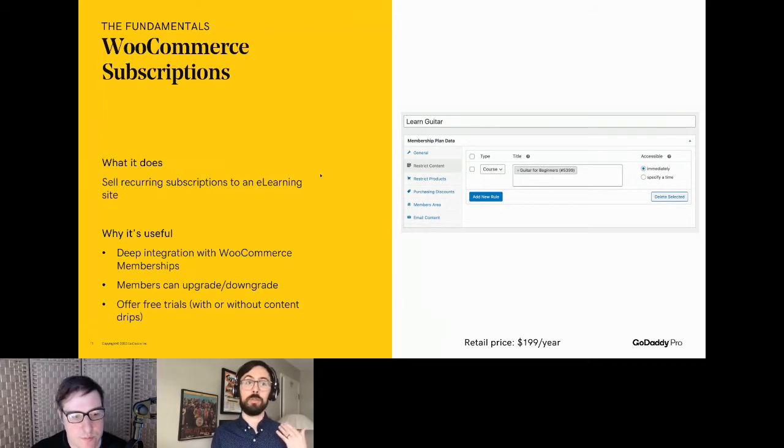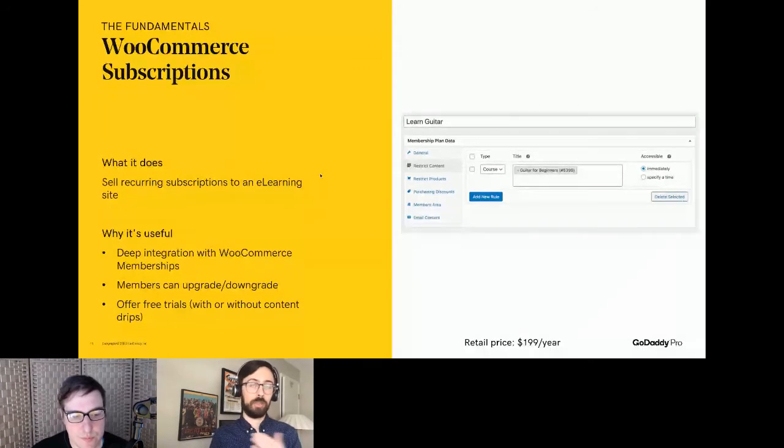So the integration with subscriptions is going to allow you to set up automated billing where somebody has a card on their account, and that's going to get charged every month, year, whatever your billing period is, whatever makes sense for your learning setup, to maintain that membership status.